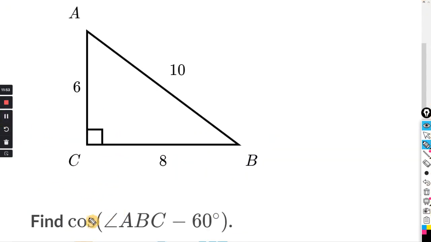All right, one more. We're doing the cosine of angle ABC minus 60. So we're looking at angle B. I'm going to label that theta. So this angle right here, ABC, is going to be theta. So cosine of theta minus 60.